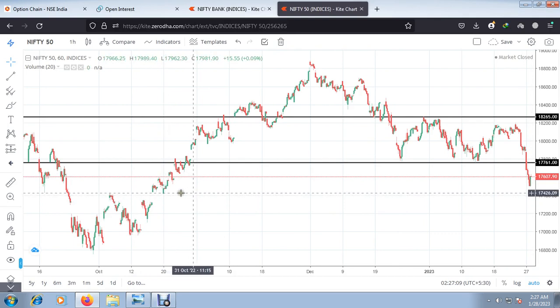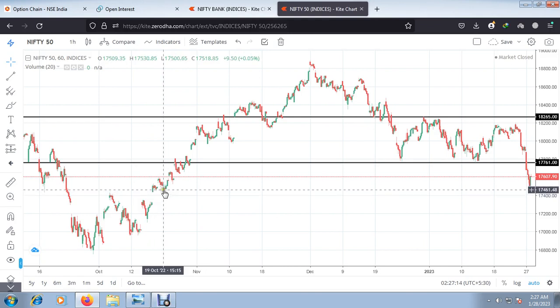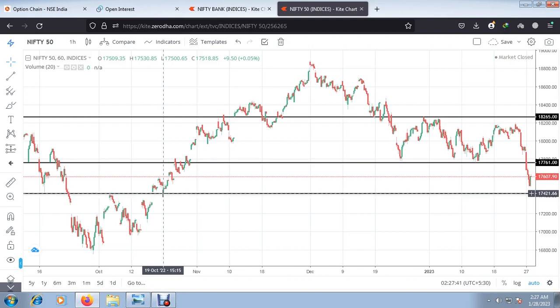So I have to mark the levels here. This level I will mark here. See this point, I am taking the low of this candle. It is somewhere around 17,500, and this one is something like 17,400 something, 17,429.